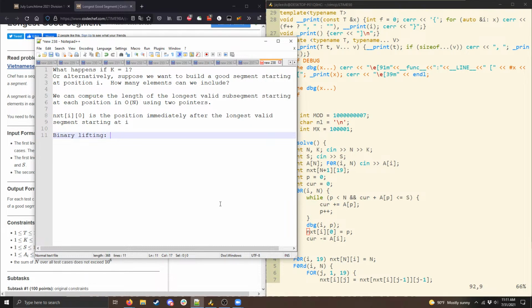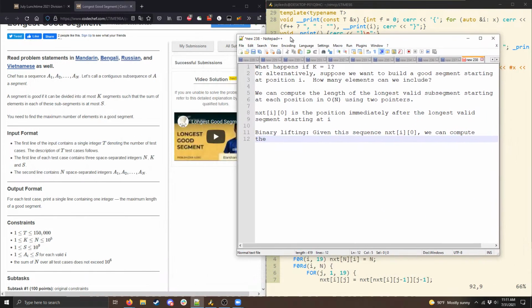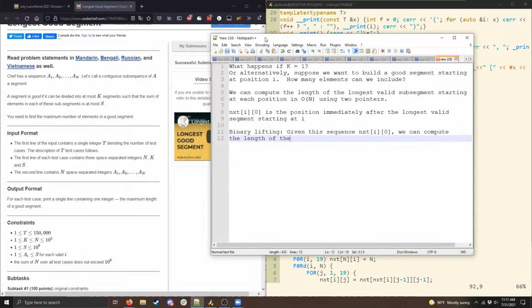Binary lifting is essentially saying, given this sequence next of i of 0, we can compute the length of the longest good segment starting at position i in O of n log n for all i.